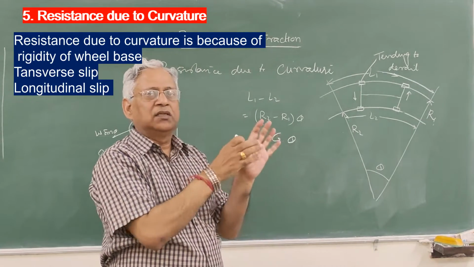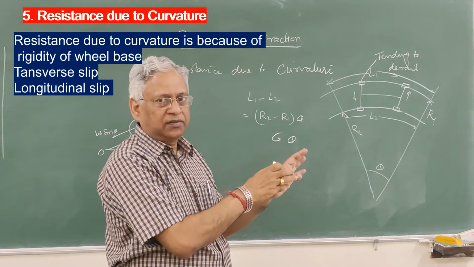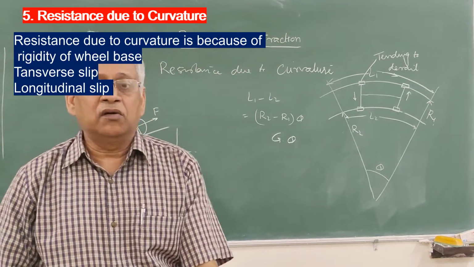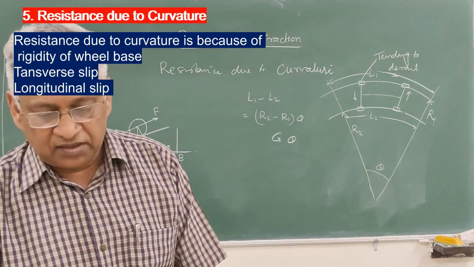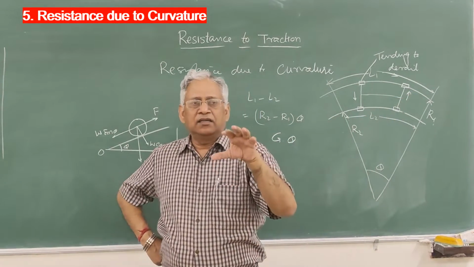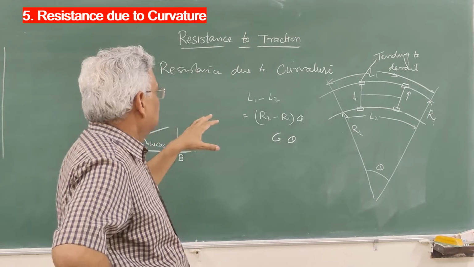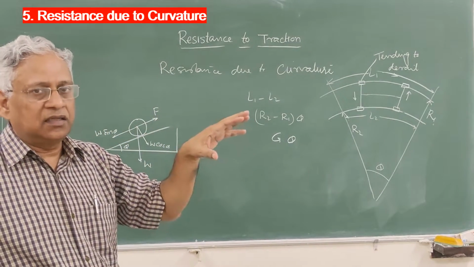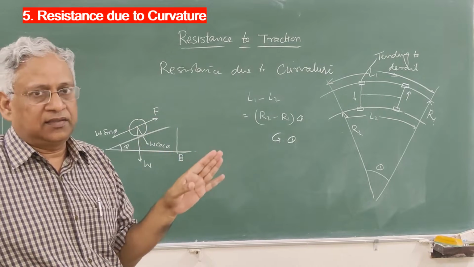Skidding and slipping is very prominent on horizontal curves. And third is because of rigidity of the wheel base. Now this is the total force or the resistance due to curvature, and this resistance depends upon several factors.